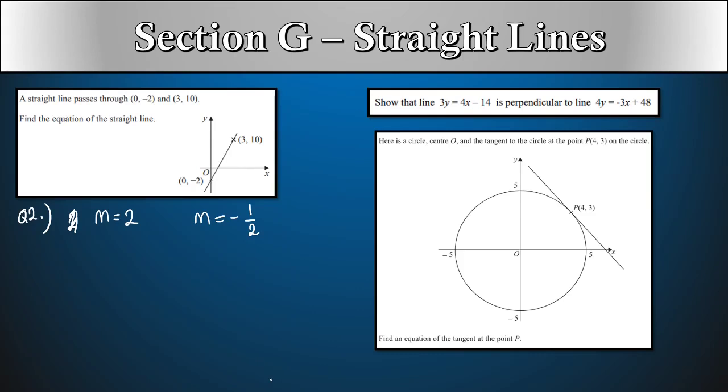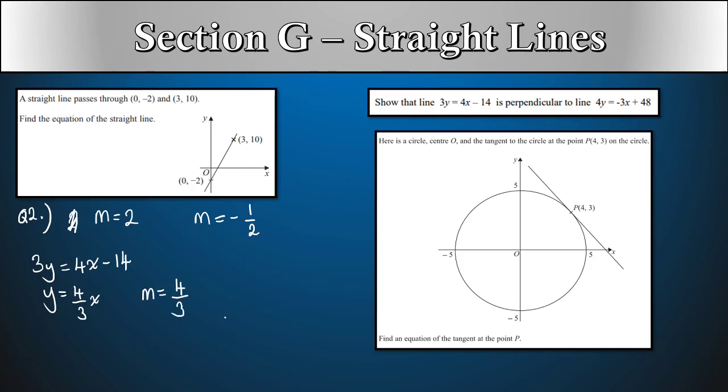So if you can show that fact, the lines are perpendicular. So let's write both of these in the form where we can work out the gradient. So 3y is equal to 4x minus 14. We only care about the gradient here, so we don't need to bother working out anything to do with the y-intercept. The gradient here will be 4 divided by 3. Okay, so m is 4 over 3.